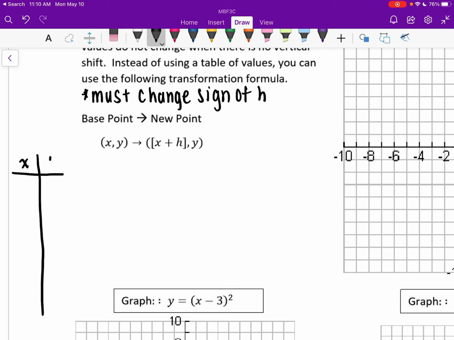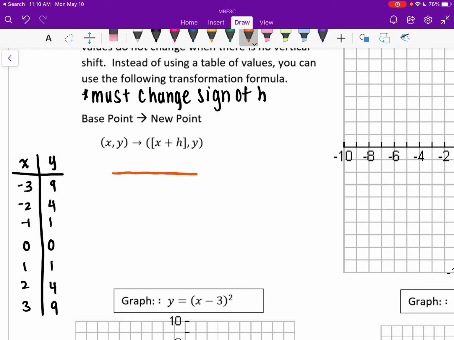So let's put in our original equation. My original values are -3, -2, -1, 0, 1, 2, 3, and 9, 4, 1, 0, 1, 4, 9. And then I want my new equation.